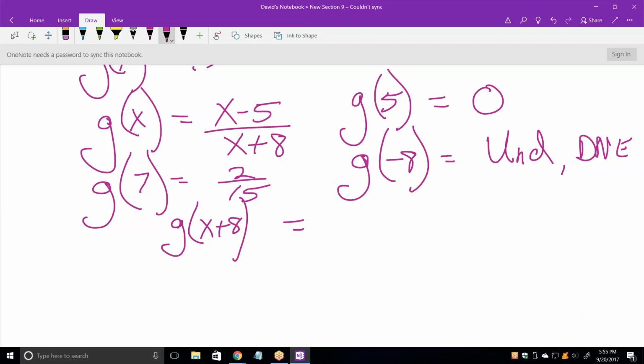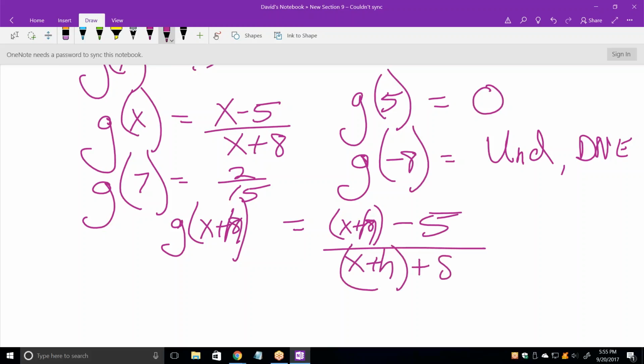Just plug in the x plus h wherever you see x. So we get x plus h minus 5 over x plus h plus 8.